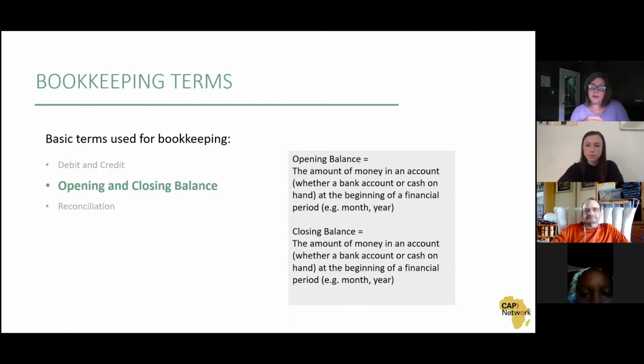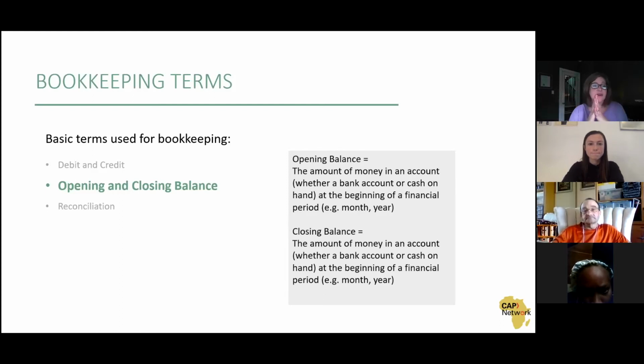So your opening balance is the amount of money in an account, whether it's a cash account or an actual bank account, at the beginning of, say, the month or the year or the financial reporting period. And on the flip side, the closing balance is the amount of money in an account, whether a bank account or your cash on hand account, at the end of a financial period. I apologize, there's a typo there on my slide. So opening is at the beginning, closing is at the end.